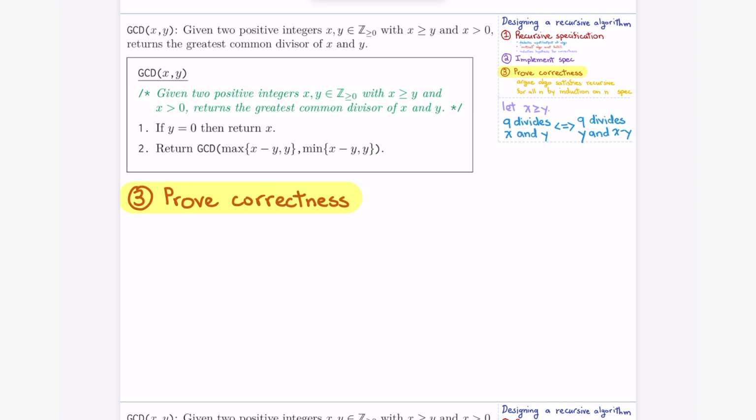In other words, we'll do something like this. You might write something like, we claim that GCD of x, y fulfills the specification, which is written above, because I don't want to write out the whole specification.